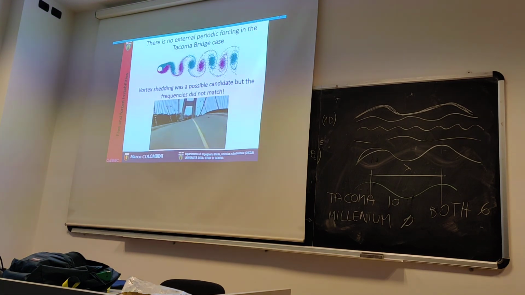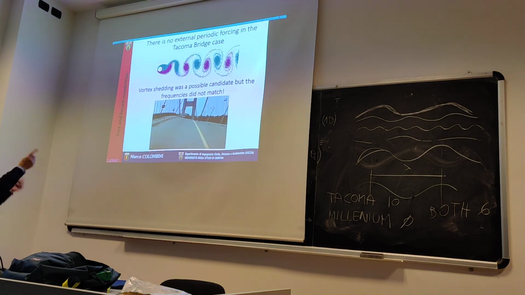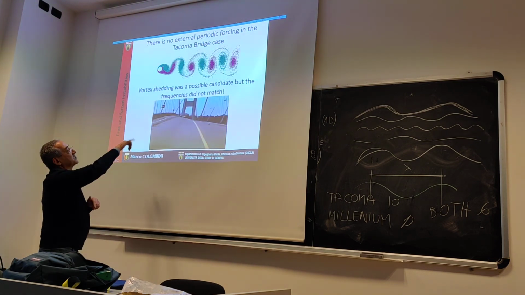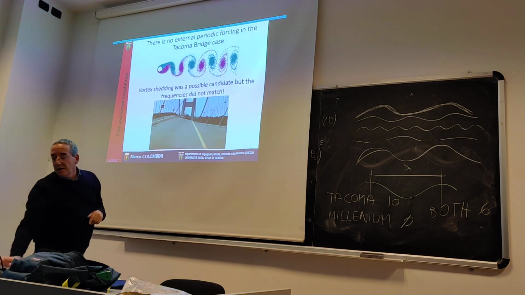But actually, vortex shedding has a precise frequency. Once you set the dimension of the flow and the intensity of the wind, the frequency of the vortex shedding is fixed, and this doesn't match the frequency of oscillation, which is much faster than this one.